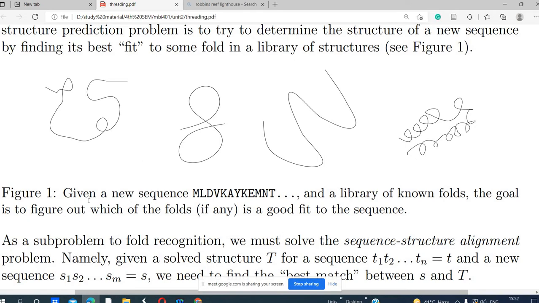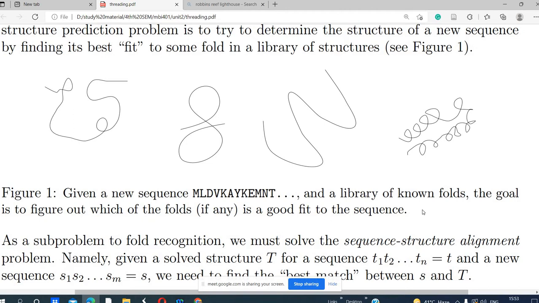Suppose we have a new sequence, for example MND, VKA, YK, MNT, whose structure is not defined, and a library of known folds. We have to do the alignment between the sequence and the structure. The goal is to figure out which of the folds is a good fit to the sequence.